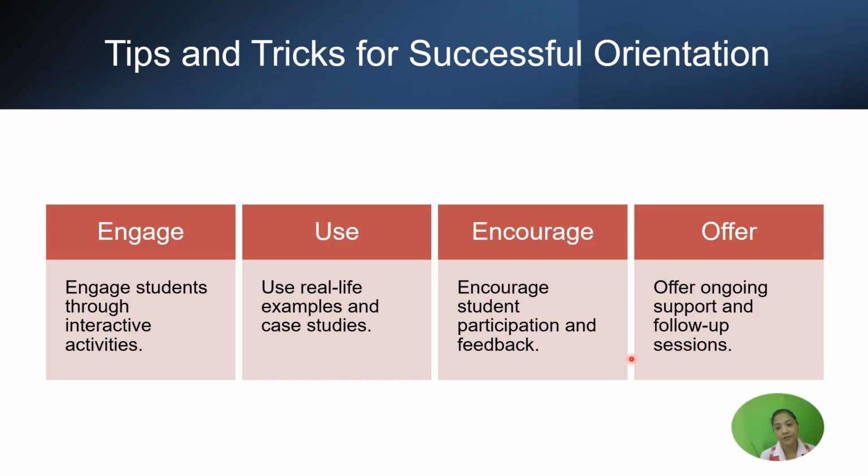So here are some tips and tricks for a successful orientation. We have to make sure that we engage students through interactive activities. We need to use real life examples and case studies. We also have to encourage the students to participate and give feedback, and offer ongoing support and follow-up sessions to our students.